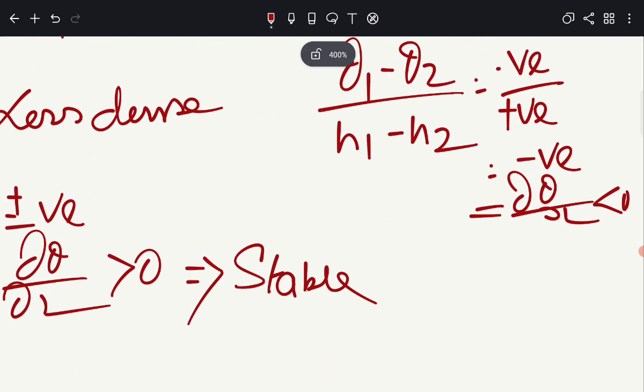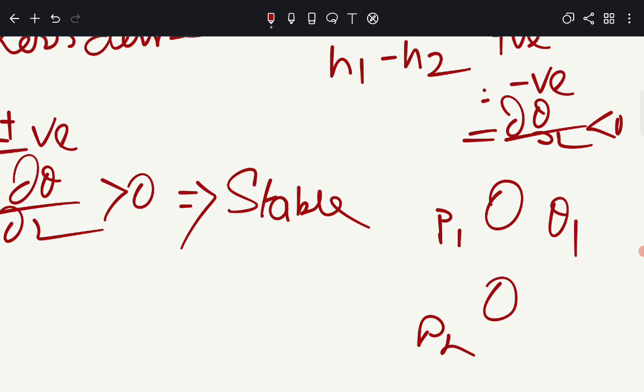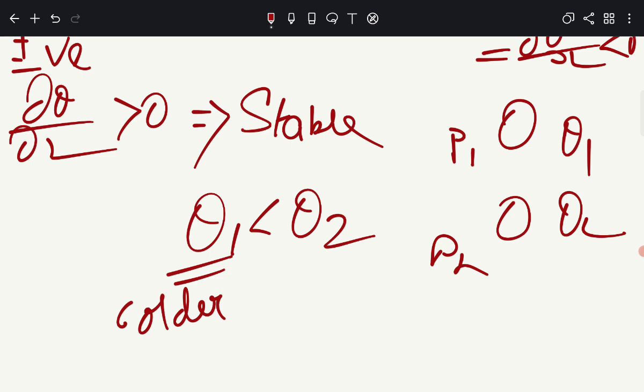Now, from a conceptual perspective, as I mentioned, this is P1, this is P2, and we have theta1 for this and theta2 for this. If theta1 is less than theta2, that means it is denser. First of all, it is cooler than theta2, which makes it denser.